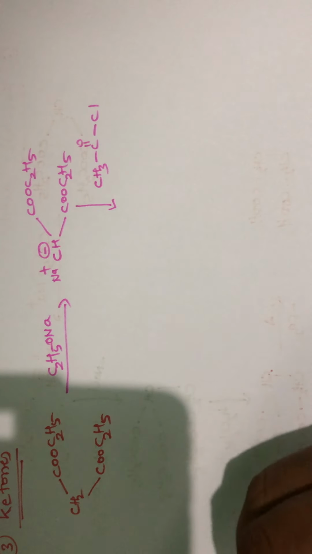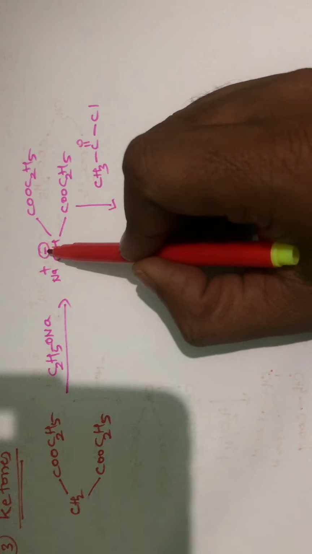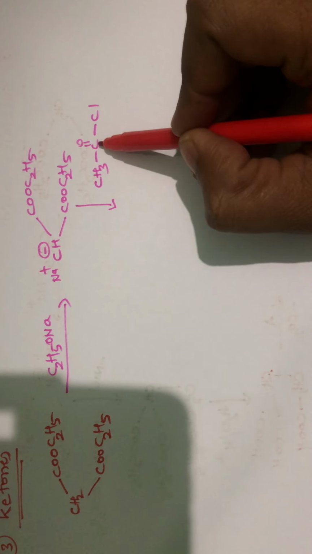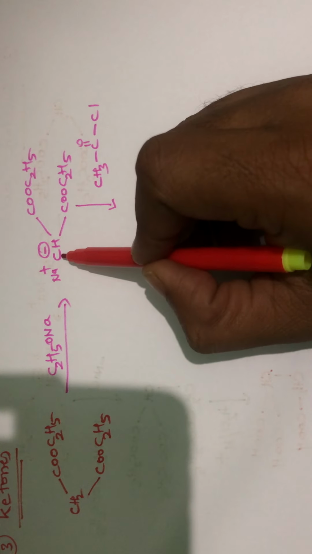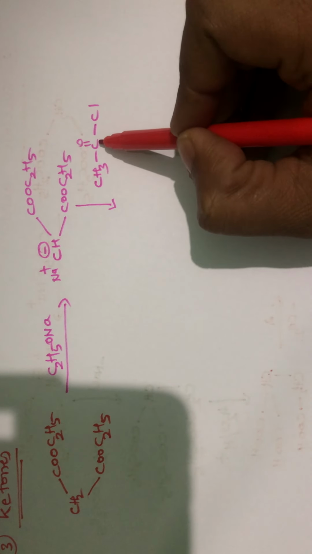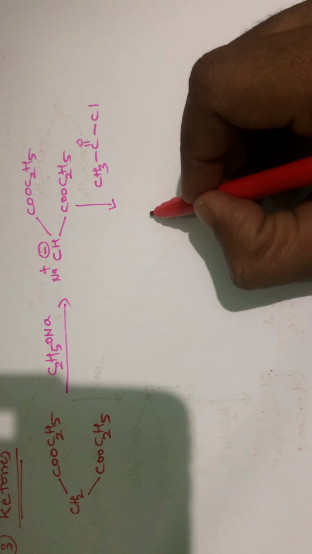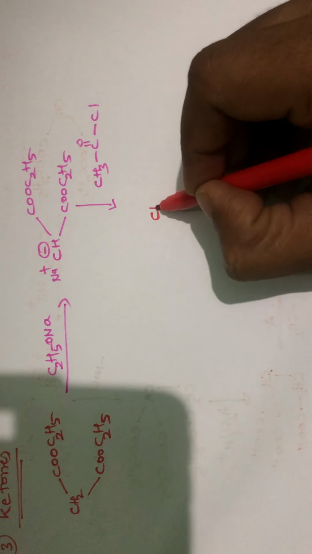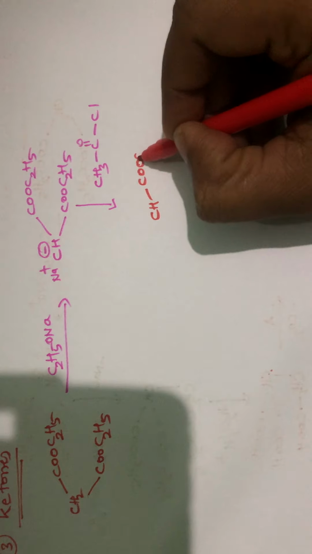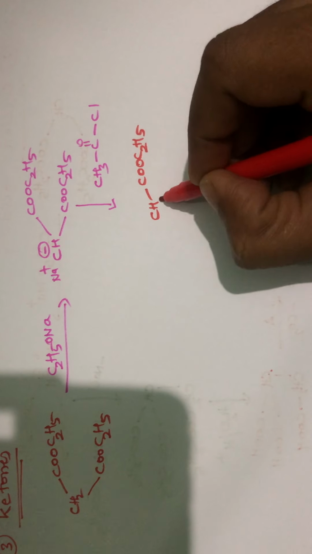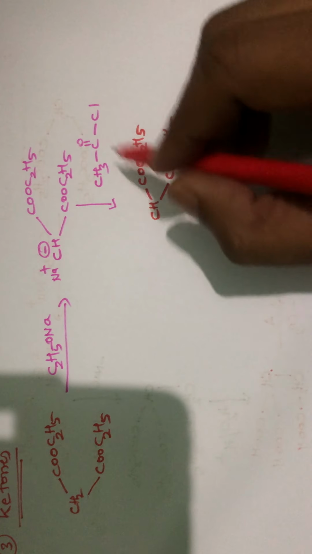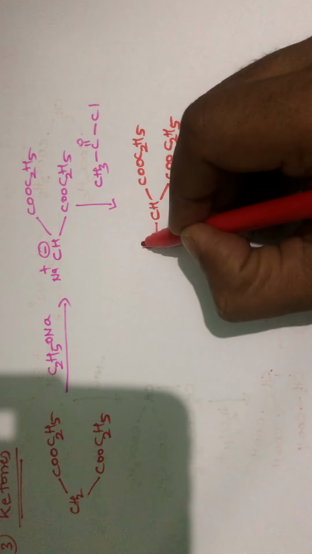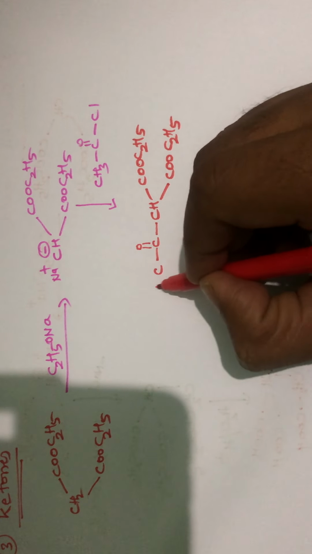So this anion attacks this carbon, expelling the Cl, and a new bond between this carbon and this carbon is formed, resulting in the formation of this. I'll write the structure of that: CH(COOC2H5)2 attached to C double bond O, CH3.